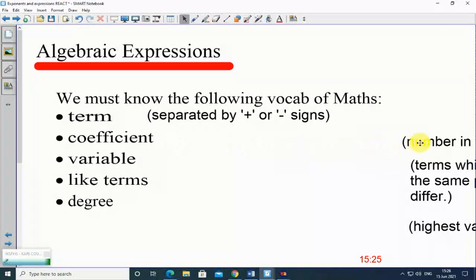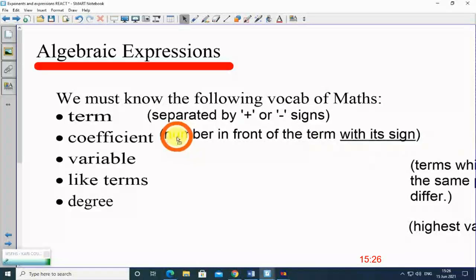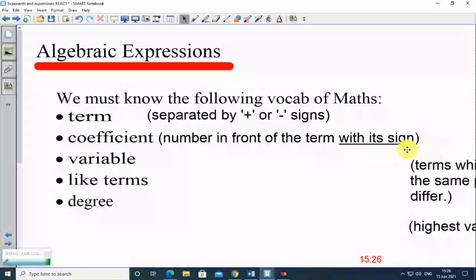A coefficient is the number in front of the term with its sign. So it's the numerical part of the term, the non-algebra part, not the a or the b or the x or the y squared, just the numerical part. And it's important that it has its sign. Its sign goes with it when we talk about the coefficient.